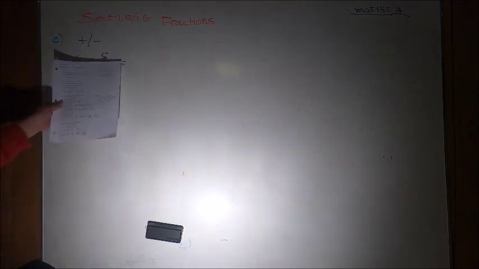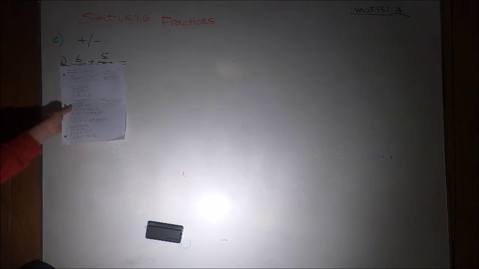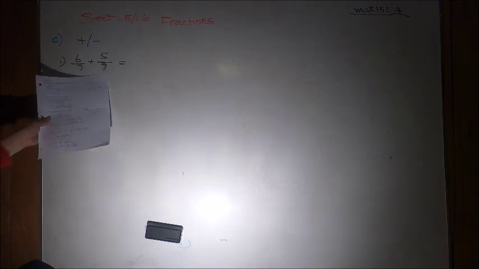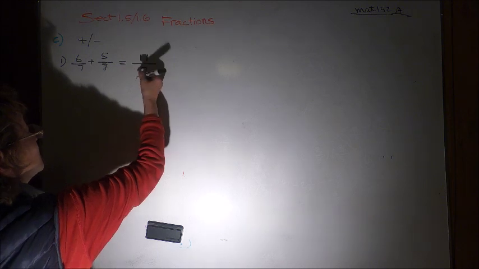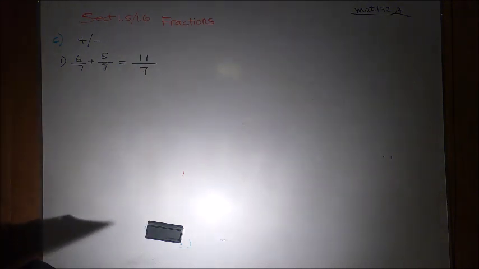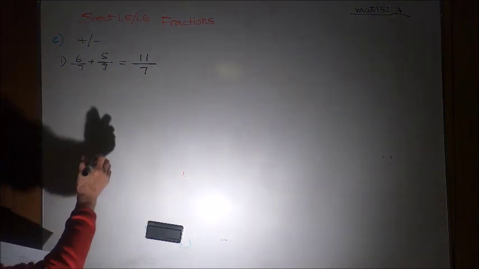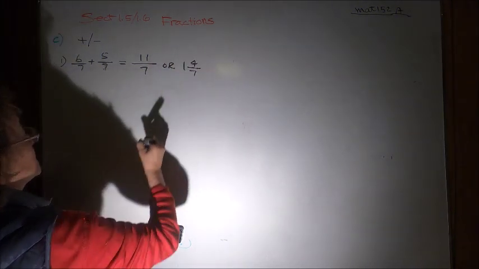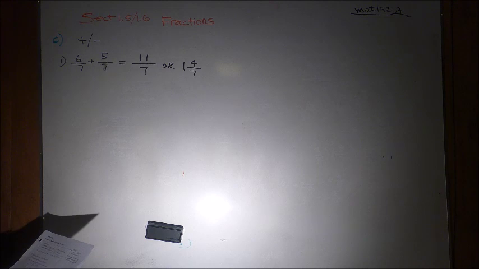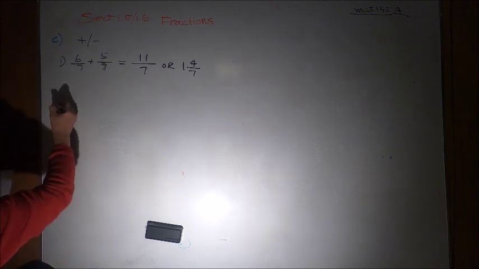So if I say 6 pesos plus 5 pesos, I have 11 pesos, right? So if you have the same denominator, you have 11 of those over the same denominator. You will keep the denominator the same. Or you can write 1 and 4/7 as a mixed number. Either way is fine.